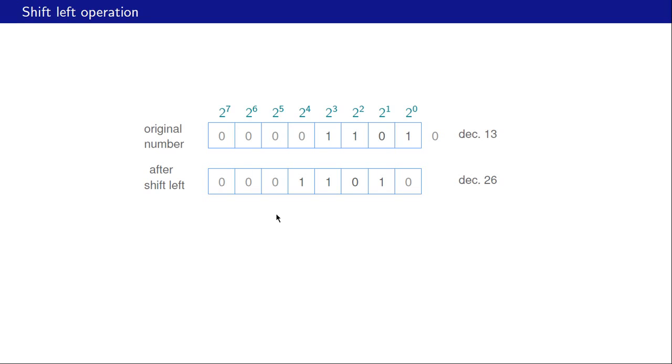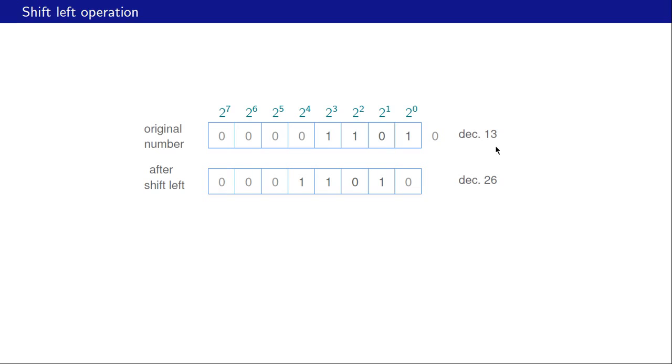And here is the result of the shift left operation. This entire number has got shifted by one position, shifted left, and this 0 has got padded over here. Alright, the new number now is 2 plus 8 plus 16, that is decimal 26, and that is of course twice the old number 13.